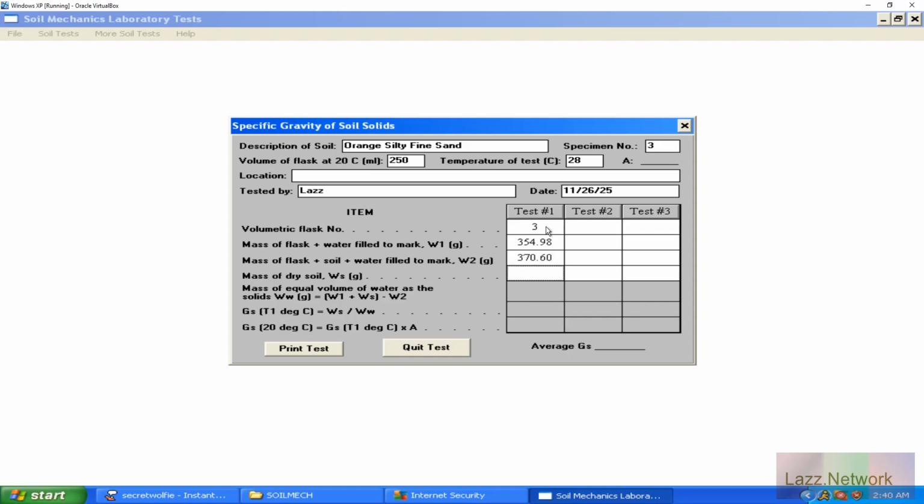And notice for this test method, at least when it comes to specific gravity of soils, you're going to the hundredths place. You want to make sure that you're very accurate about what you're getting, because we're reporting things to either the hundredths or, not hundredths, thousands. No, hundredths.